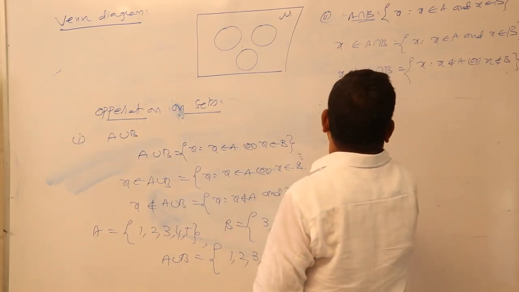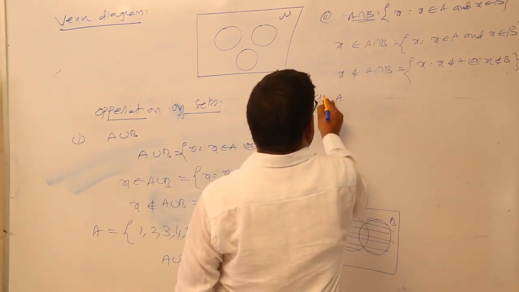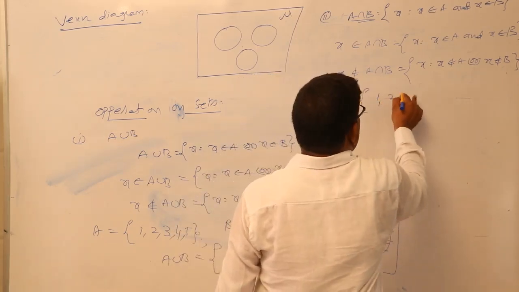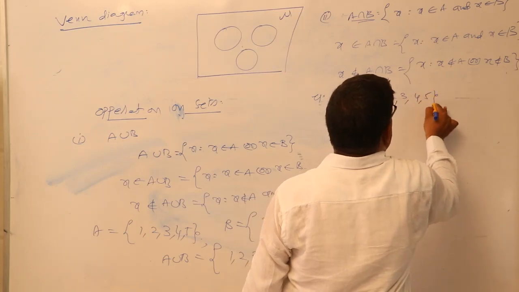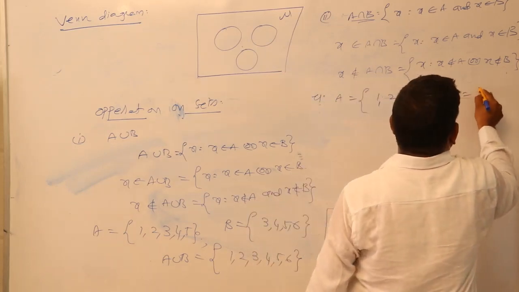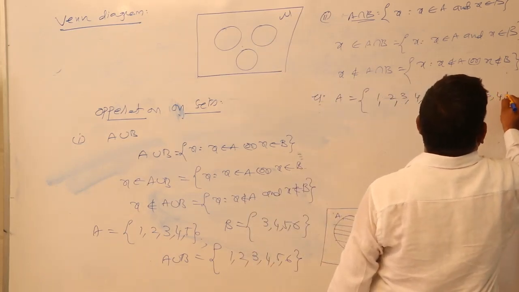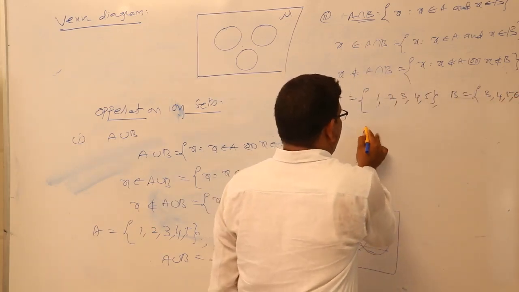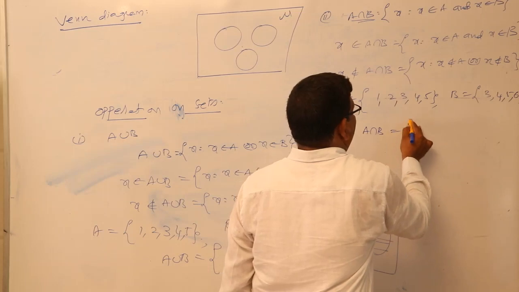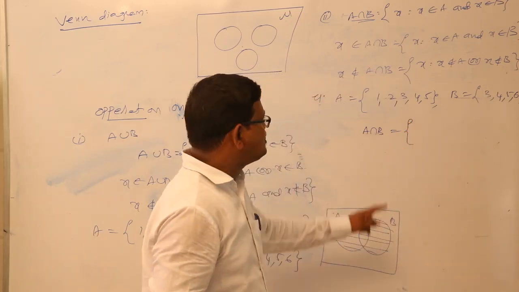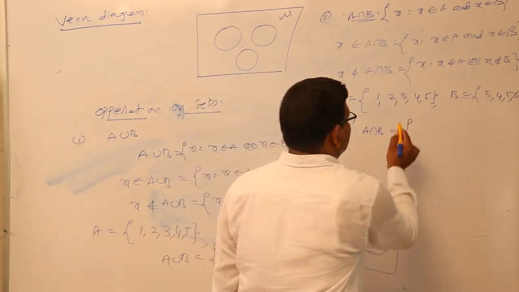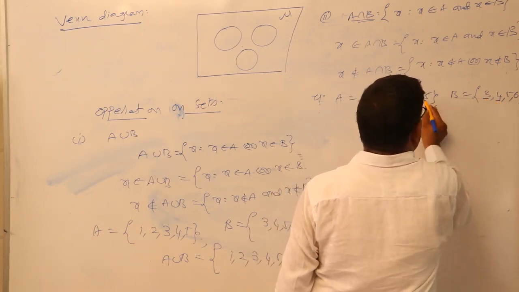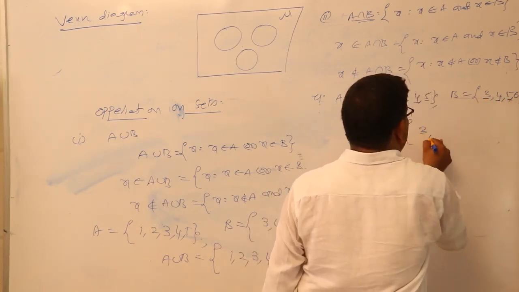For example, if A has the elements 1, 2, 3, 4, 5 and B has 3, 4, 5, 6, then A intersection B is the common elements. Here 3 is common, 4 is common, 5 is common.